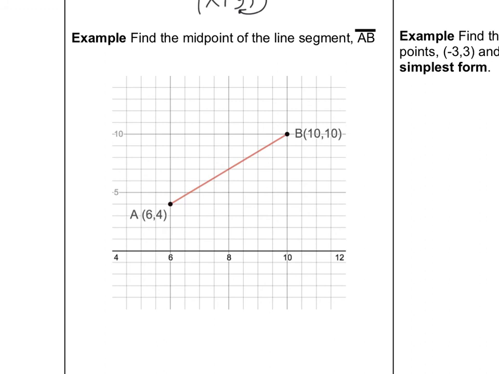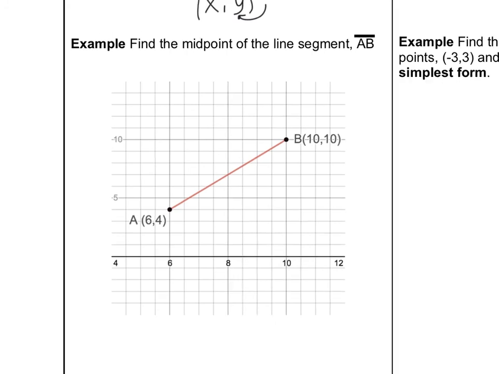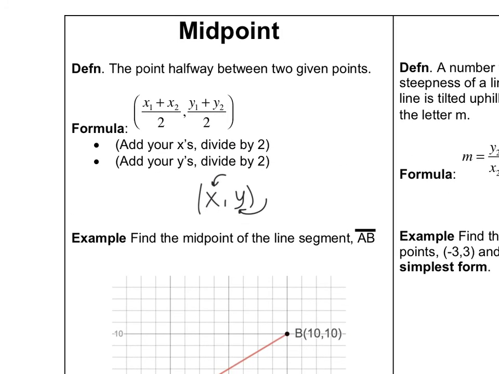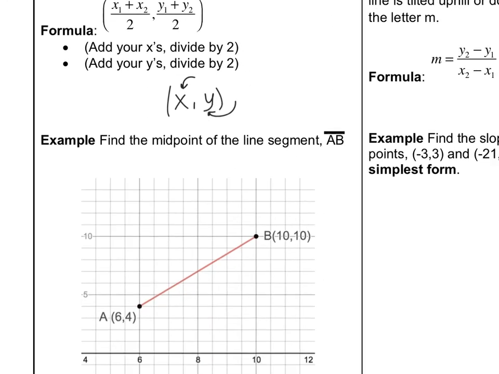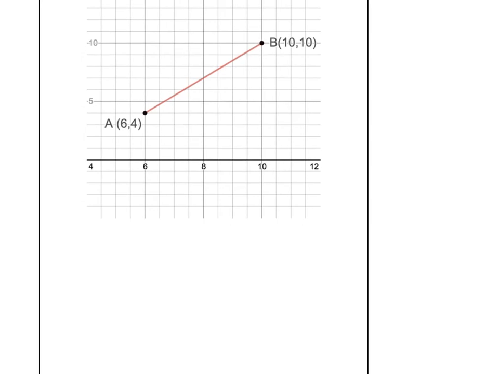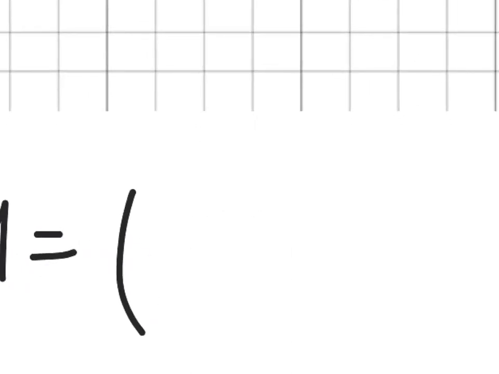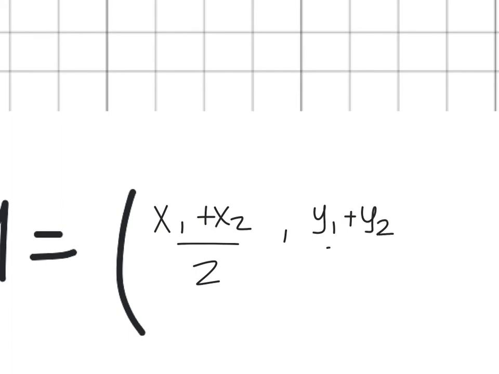So for this example, we want to find the midpoint of line segment AB. The coordinates of A are 6, 4, and the coordinates of B are 10, 10. We know our formula is x1 plus x2 over 2, y1 plus y2 over 2. Just add your x's divided by 2 and add your y's divided by 2. So our midpoint formula is going to be, I'm going to zoom in so it'll look nicer, x1 plus x2 over 2, y1 plus y2 over 2.